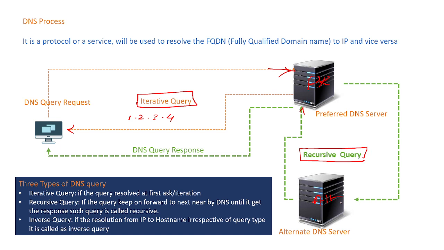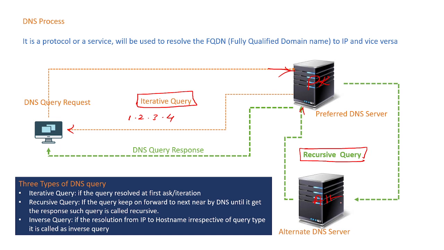Okay, so now you know how the DNS query gets fulfilled, and now you know how many types of queries we have. There are three queries: iterative, recursive, and inverse. Iterative means the DNS resolution happens at the preferred DNS server itself, at the first iteration itself. Recursive means the DNS query happens at the alternate DNS server.